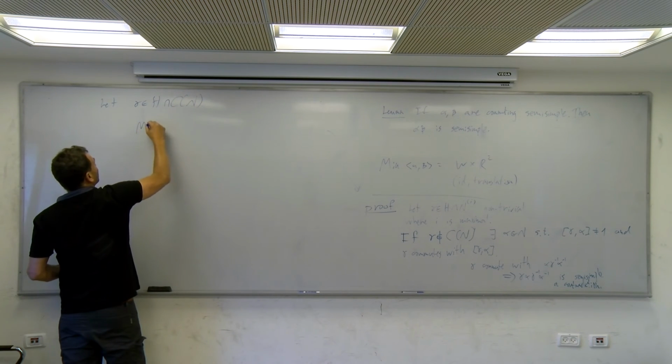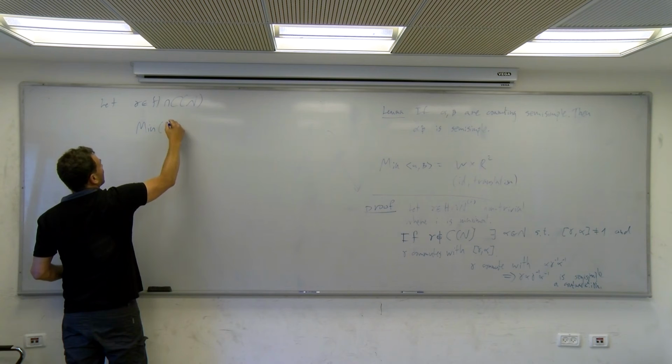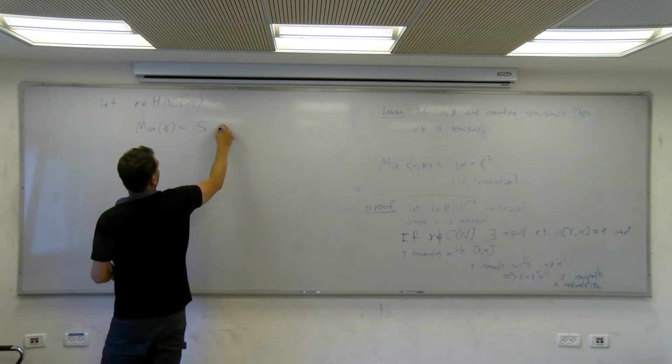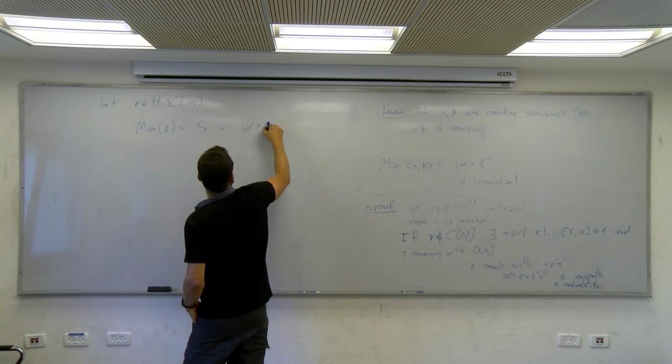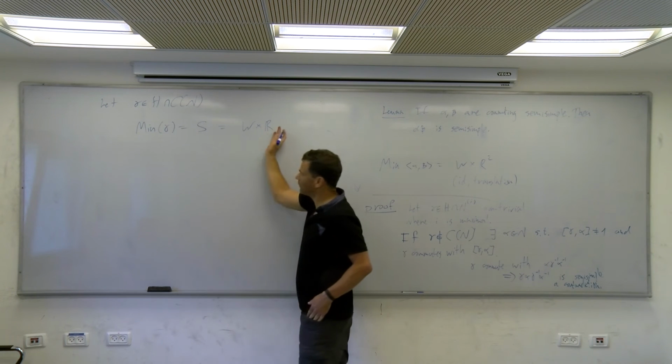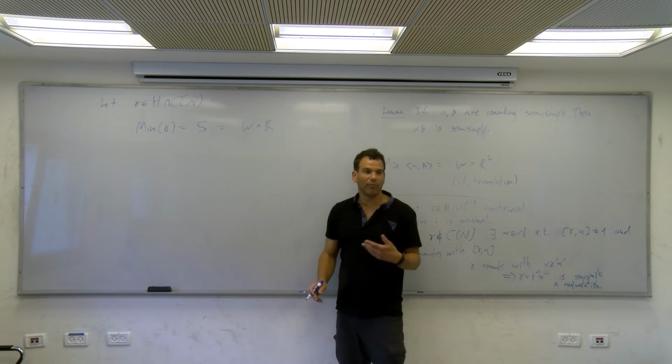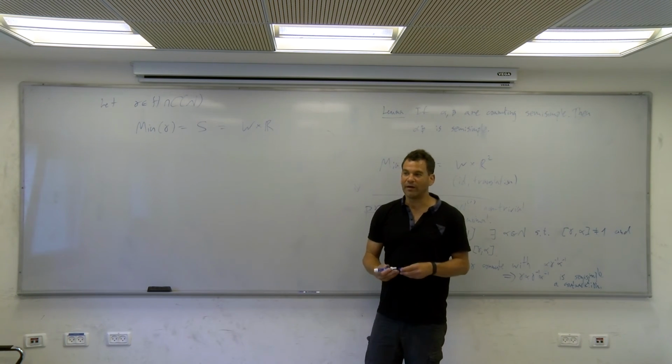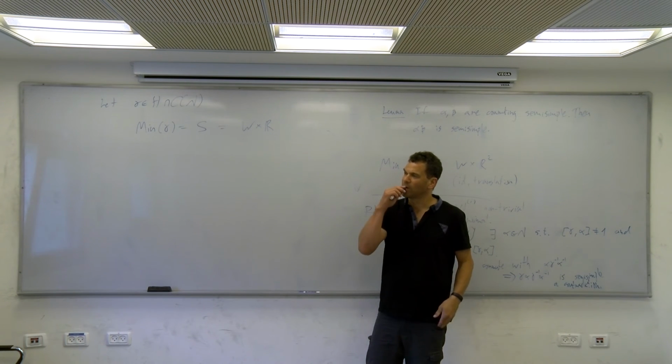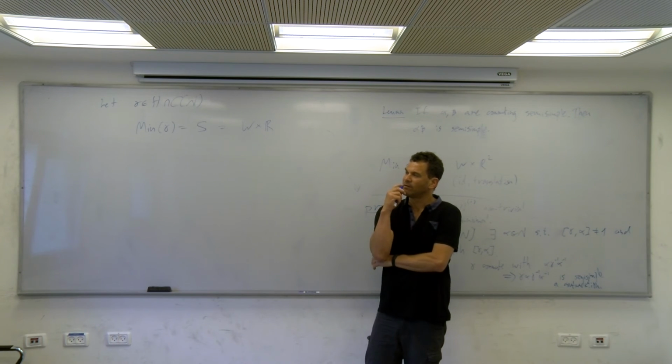and let the minimum set of gamma be S. And it's decomposed as W cross R. Forget this decomposition. So S has smaller dimension, and this S is invariant under H. Any element in H preserves S. So what am I saying?